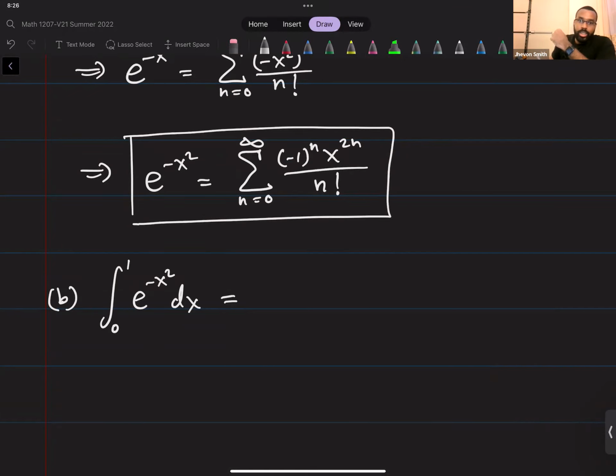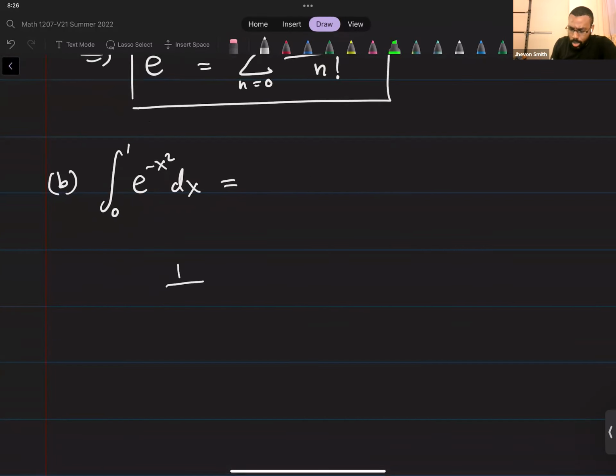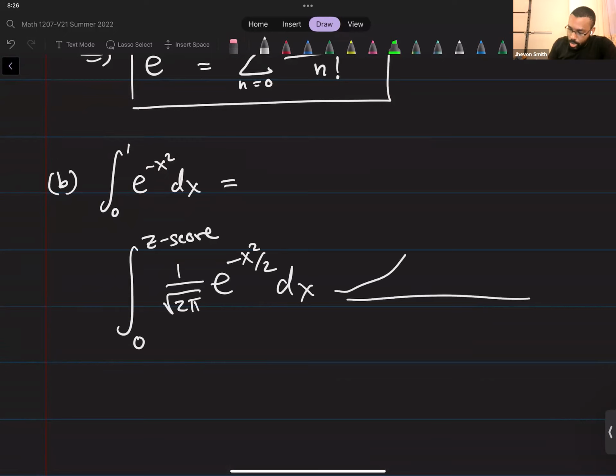It's actually integrating a function, not this function exactly, but very similar to this. It's actually 1 over the radical of 2 pi times e to the minus x squared over 2. And if you integrate this from 0 up to some z-score, it will tell you the area under the normal curve.